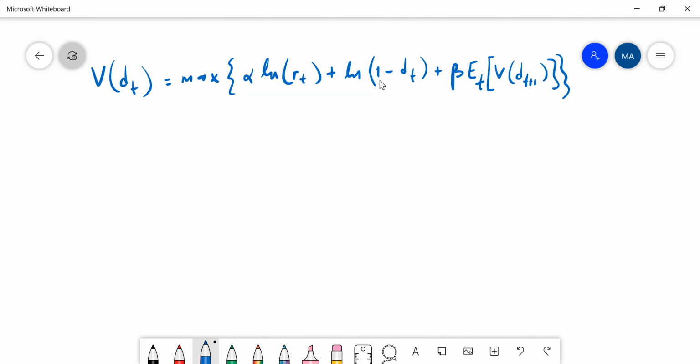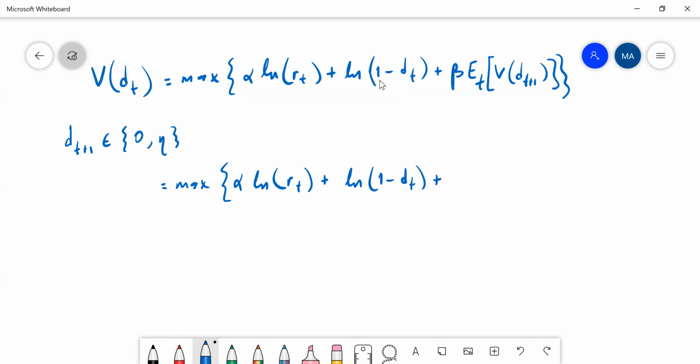So how do we approach this problem? The idea is this. I know that dt plus 1 will be either equal to 0 or eta, right? Because that's the state space. So I can actually write this in this way. Maximize alpha ln RT, ln 1 minus dt plus beta.